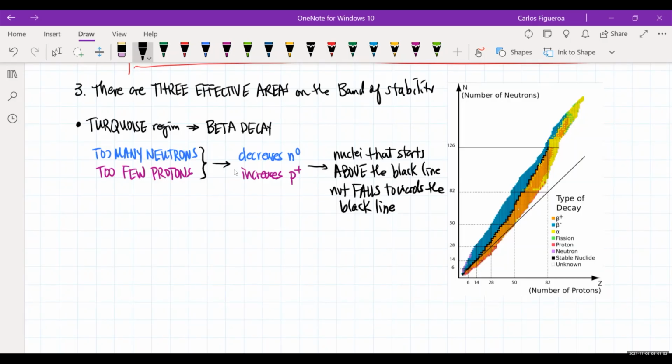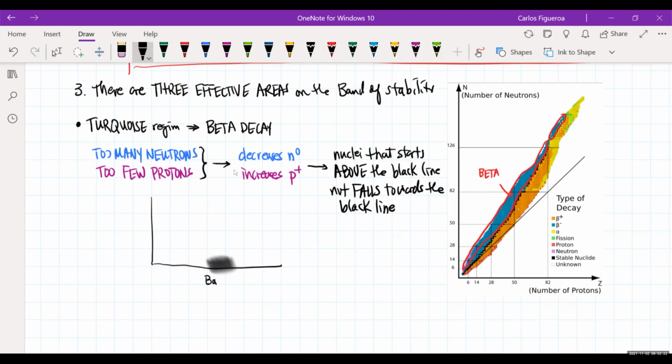So when I look at this turquoise region, we've already done this numerous times. We know that this region here is what we mean by beta decay. And so when I look at my valley, it looks like this. Here's my band of stability.